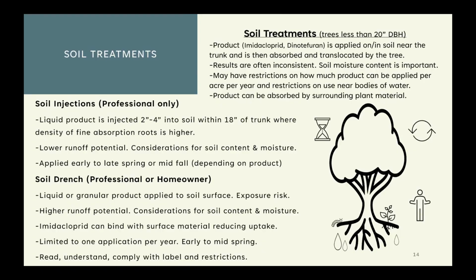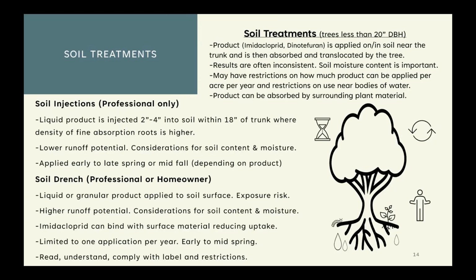And so on trees that are less than 20 inches diameter breast height, and I just want to emphasize that smaller specimens are better candidates, would be candidates for this treatment type. And where products like imidacloprid or dinotefuran are applied on or in the soil near the trunk of the tree, and then that product is absorbed and translocated by the tree.